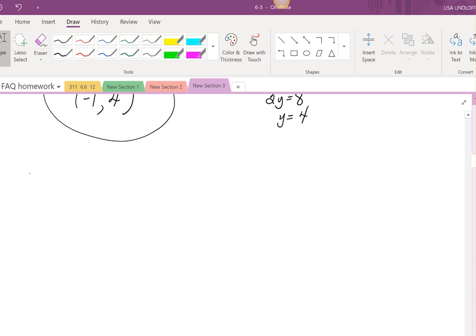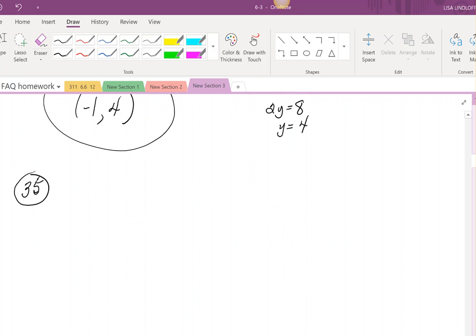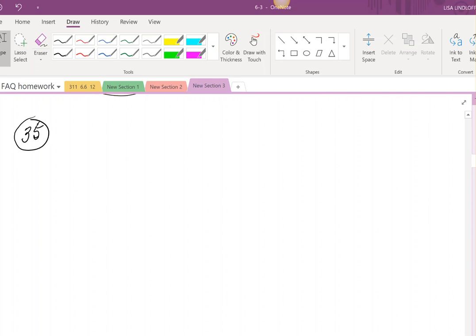All right, let's look at 35. I have y equals 2/3 x plus 1, and 2x plus 3y is 27.